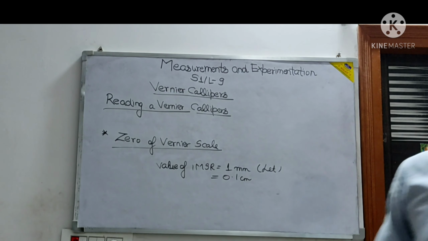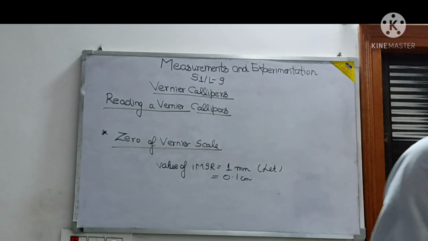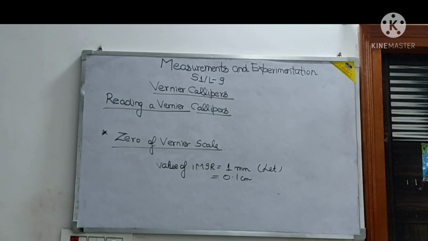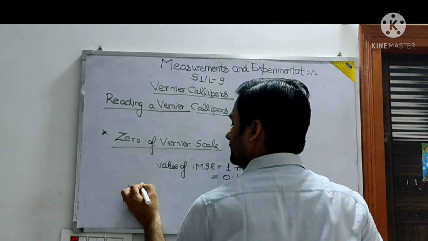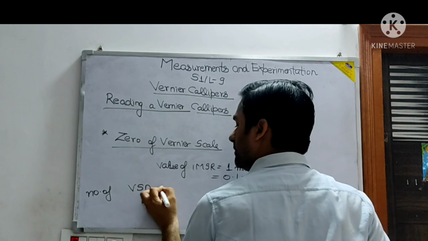That means one division on the main scale equals how much? 1 mm or 0.1 centimeter. Then what you have to see? How many vernier scale divisions are there? Let it be 10.